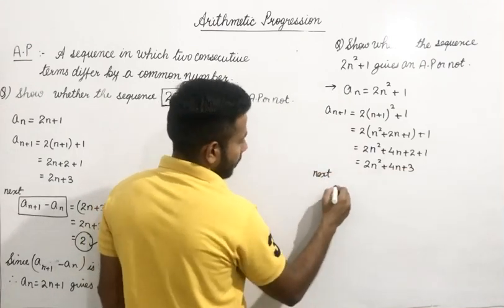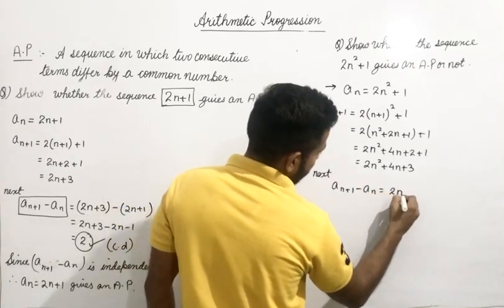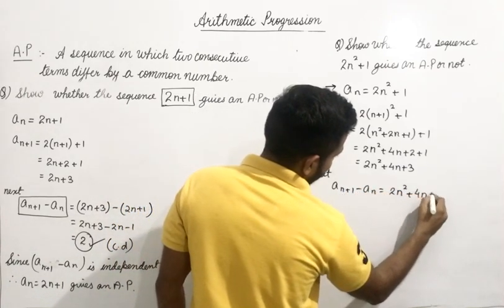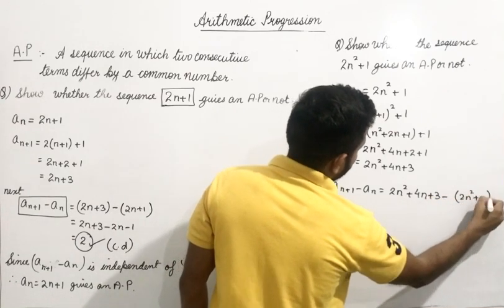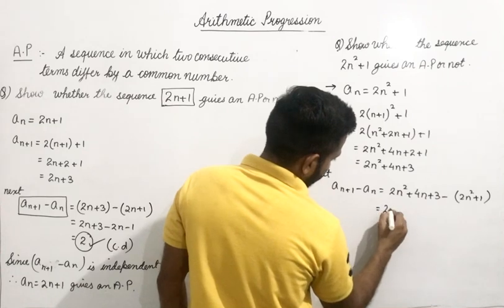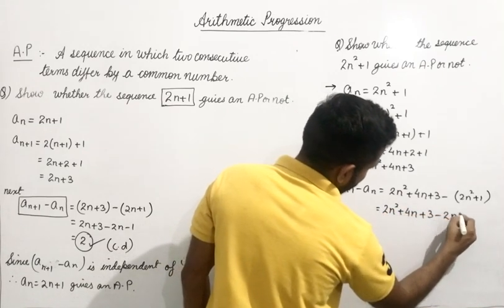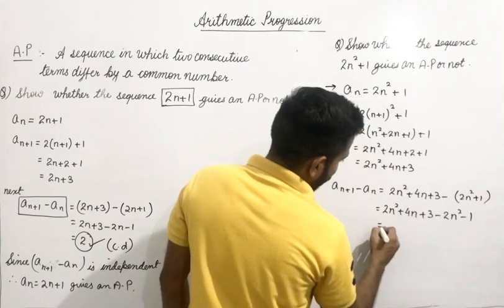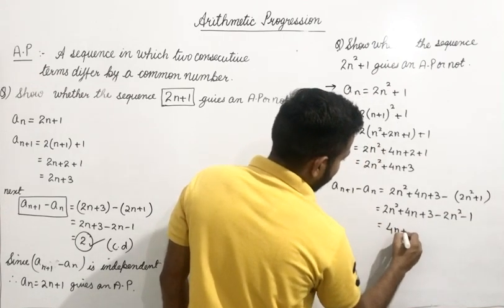Next you find a(n+1) minus an. So this is equal to 2n square plus 4n plus 3 minus (2n square plus 1). This is 2n square plus 4n plus 3 minus 2n square minus 1. 2n square gets cancelled. This is 4n plus 2.